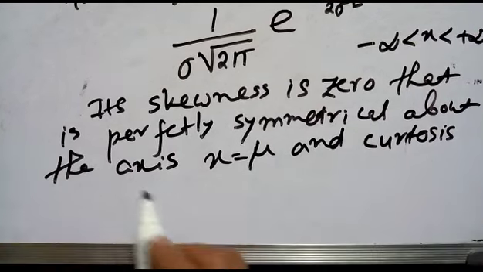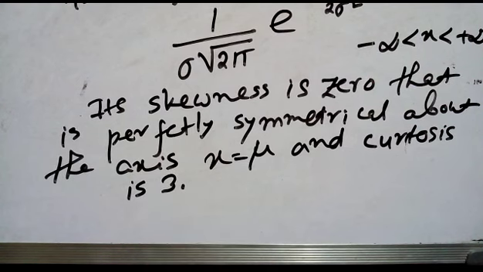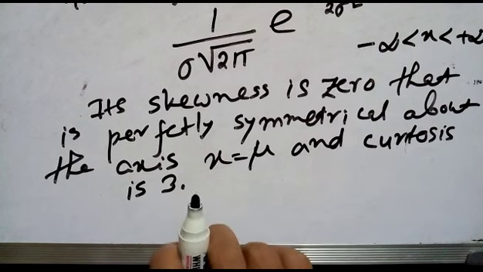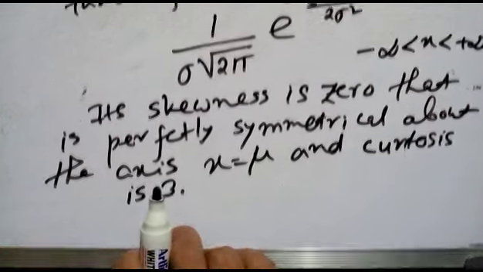And its kurtosis is 3. So it is a perfectly bell-shaped curve which has the points of inflection at x equal to plus minus sigma. Clear?